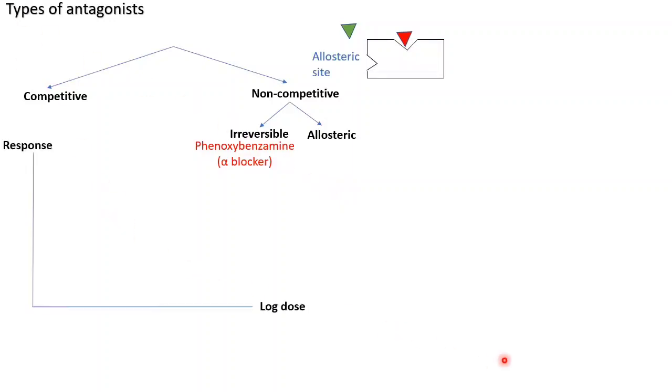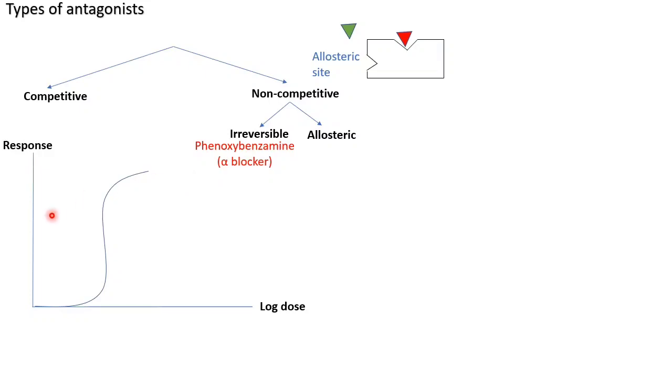Okay, now let's draw a dose response curve as we studied before. This is the curve of a drug, an agonist. Increasing the dose would increase the response until we get a plateau, or we reach what we called the Emax.